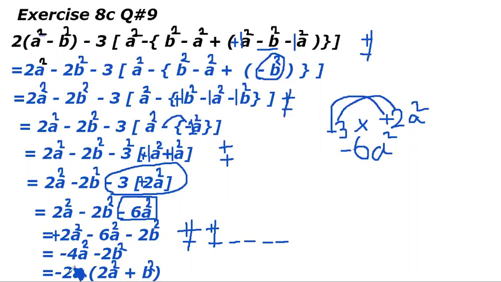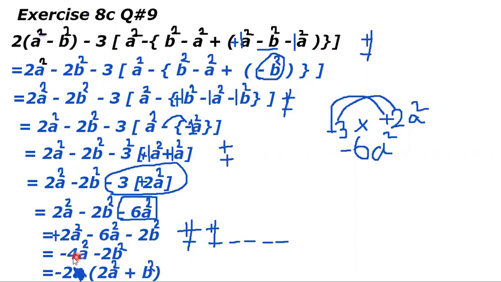Okay, now what's happening in the last step? In the last step, you can see negative 2 parenthesis 2a square minus b square. This step is called introduction of parentheses. We have introduced the parentheses in this step.